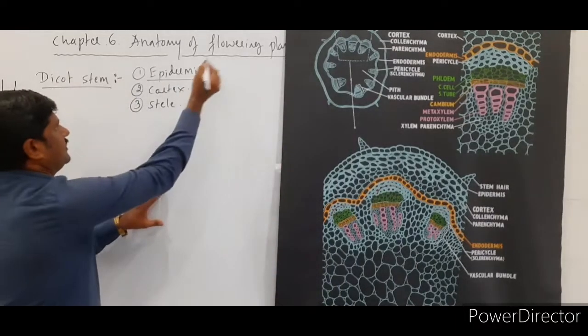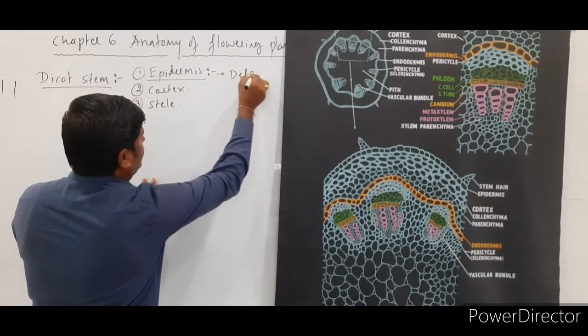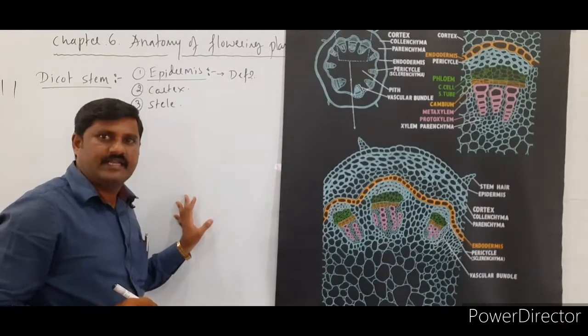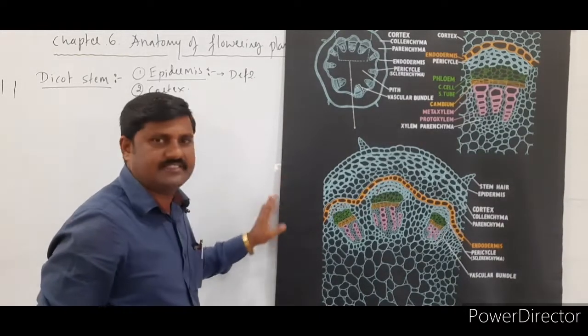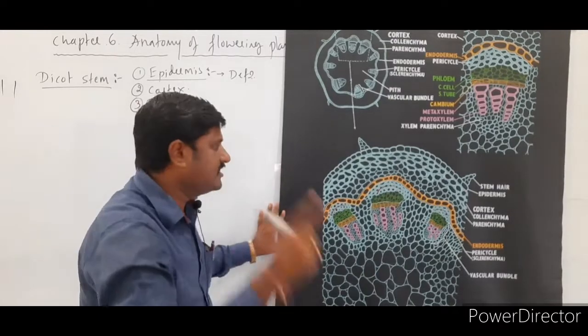Epidermis definition, you know it better. It is an outermost single celled layer made up of rectangular shaped cells, which are attached side by side without intercellular spaces.